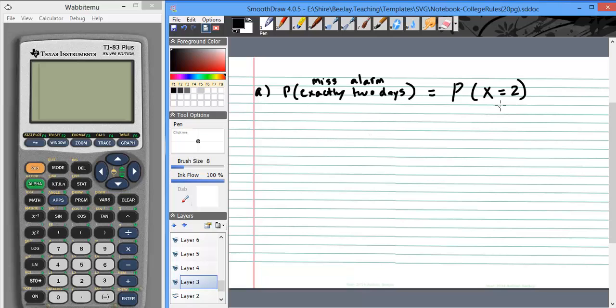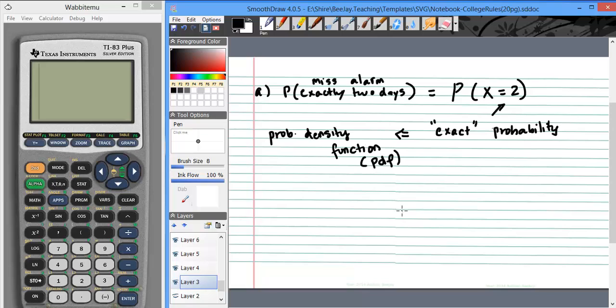Well, the moment you see equal to, that should indicate that the probability that we are finding is an exact probability. And if you are finding an exact probability, we make use of what we call a probability density function, or PDF in short.